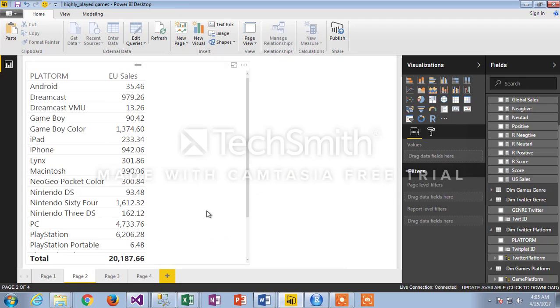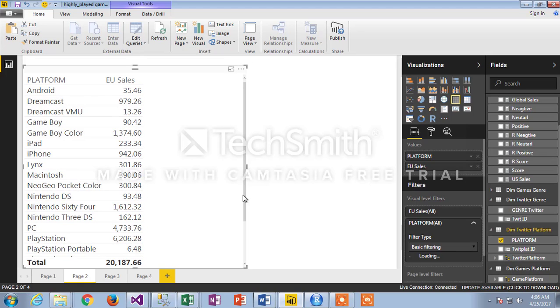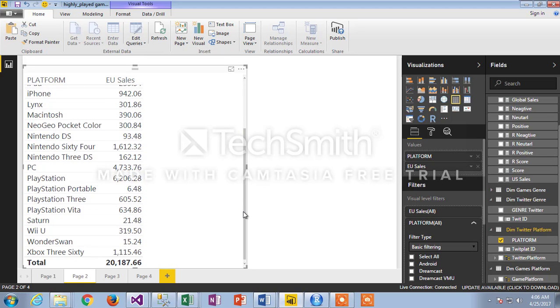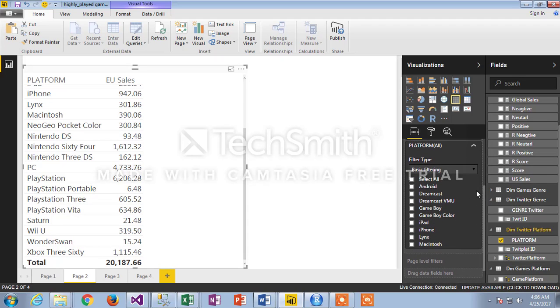My next query is which platform has the highest sales in the EU. As you can see, Nintendo and PlayStation have the highest sales in the EU, and we are going to analyze the sales of Nintendo and PlayStation precisely.